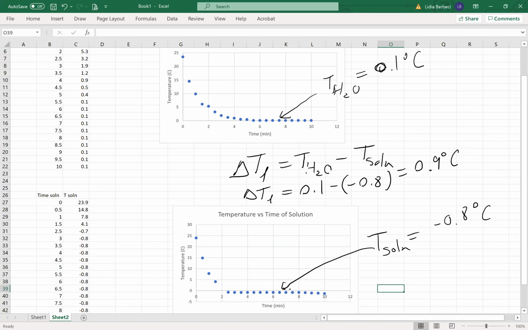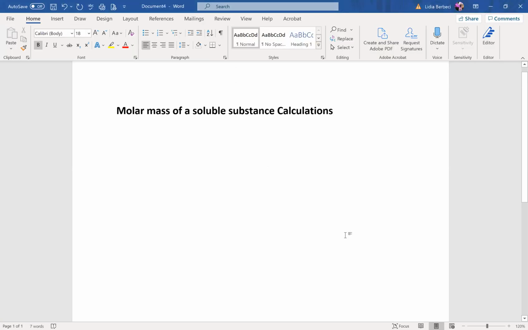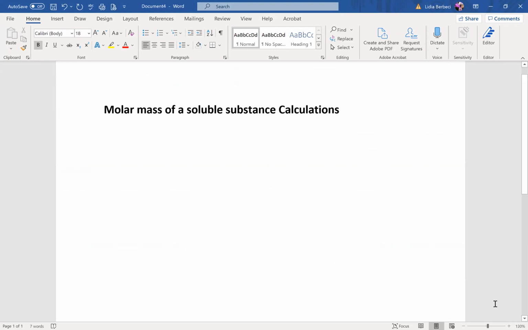Okay, so let's write out the calculation. We're going to take that number and put it in to perform the calculations. You are simply doing the calculation in part 3 of the data, which is page 53 in your lab manual.